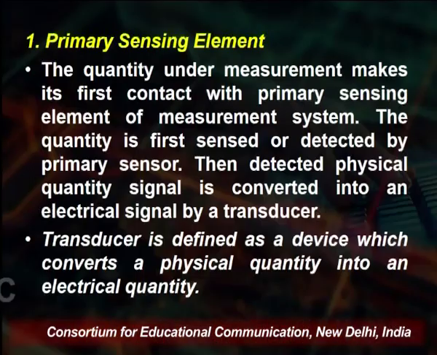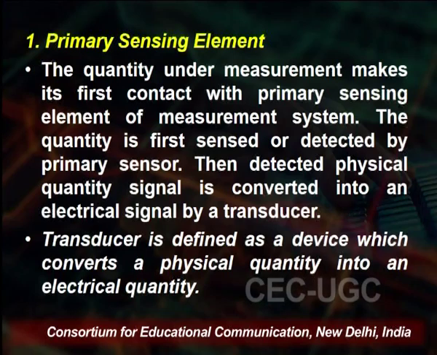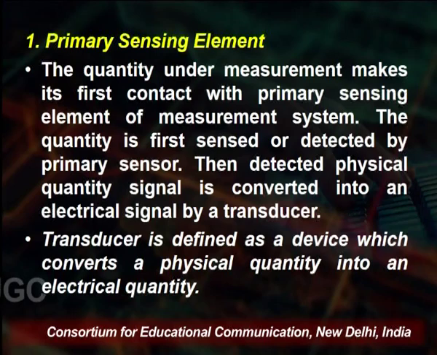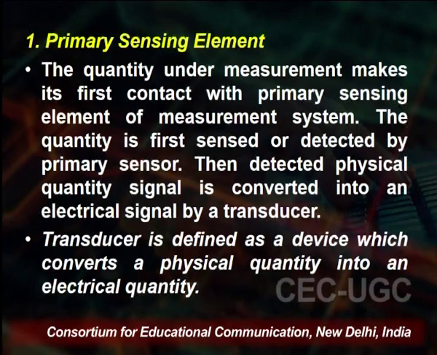First, the primary sensing element. The quantity under measurement makes its first contact with the primary sensing element of the measurement system. Here the quantity to be measured is first sensed or detected by the primary sensor.